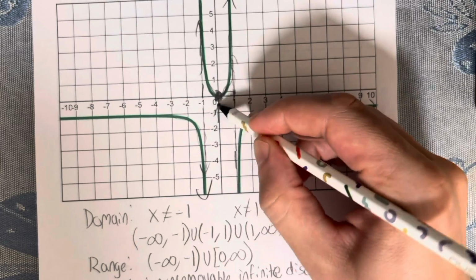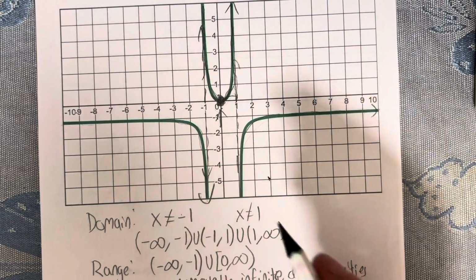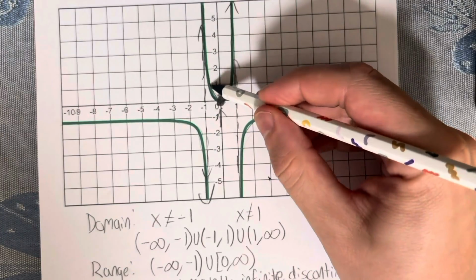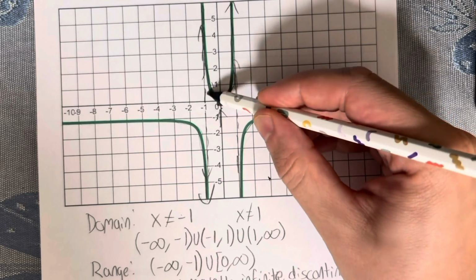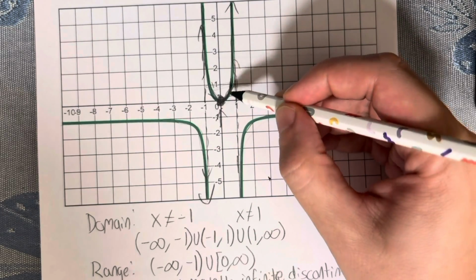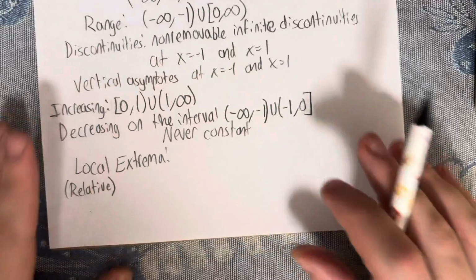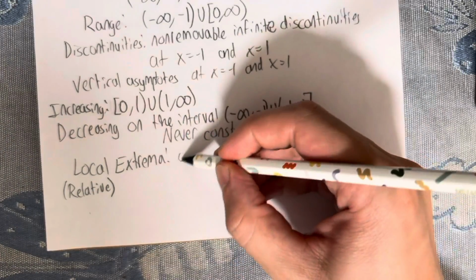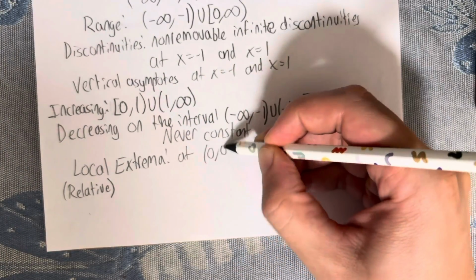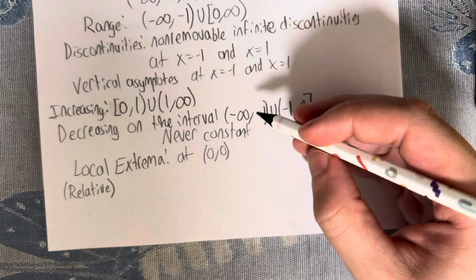This point is our only local extrema, and it is a local minimum because it is the lowest y value, the lowest output value in this area. So the only local extrema we have is at the point 0, 0. And the language you use here is very specific.